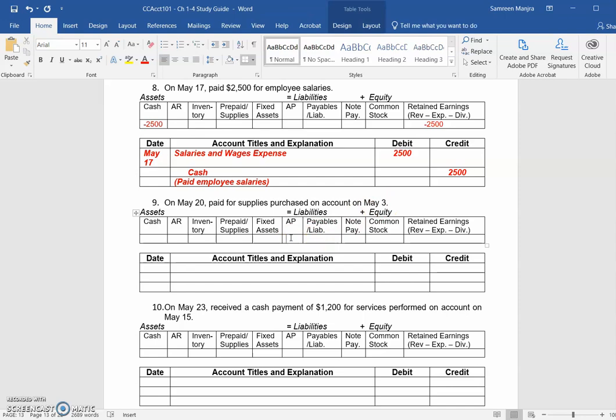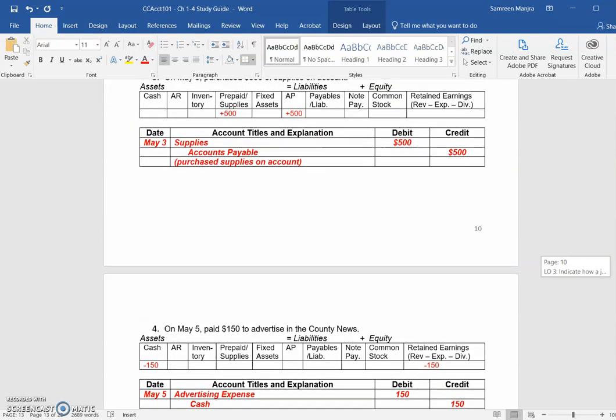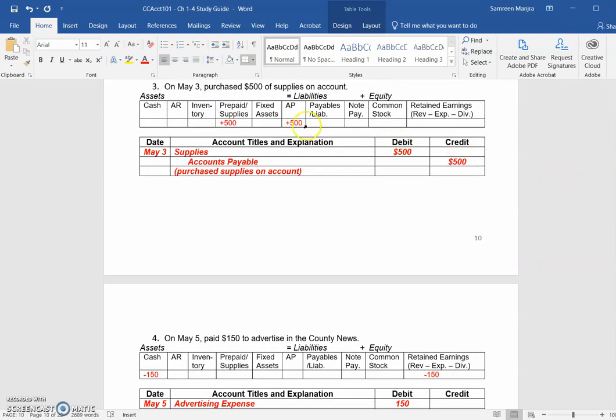We had an accounts payable balance, and we need to look at our earlier transaction. So I'm going to go up to May 3rd, and I'm going to see that we spent $500 of supplies on account. Now we need to reduce this accounts payable liability and make it go down to 0.